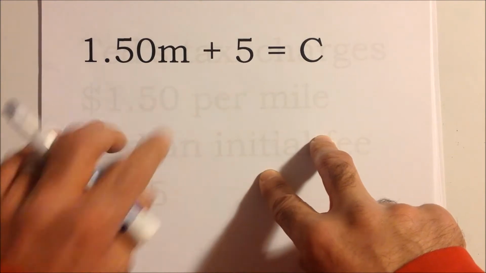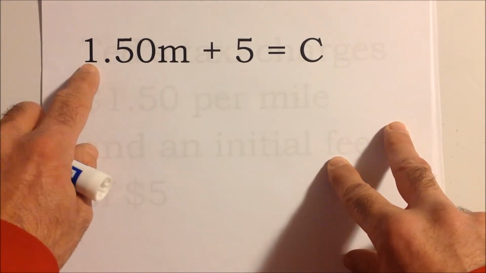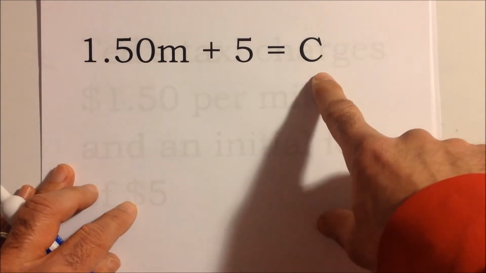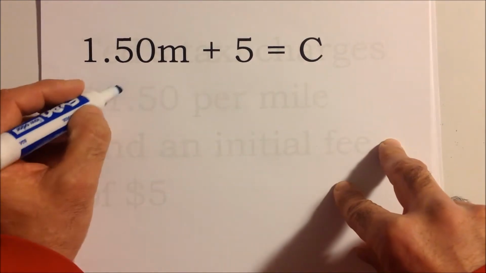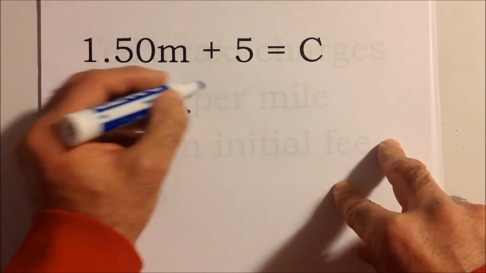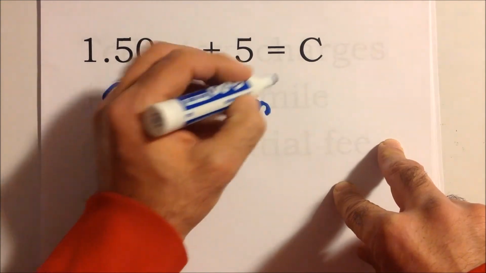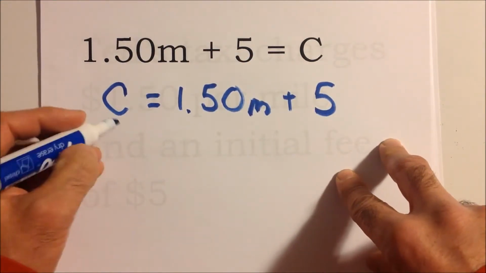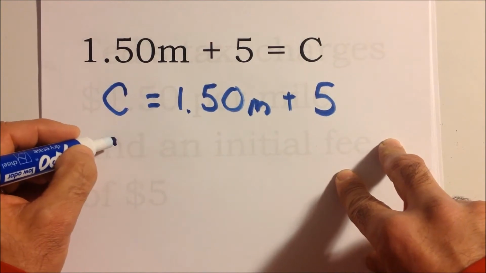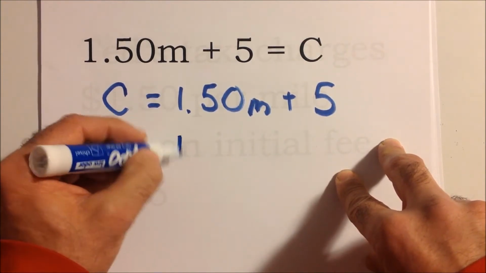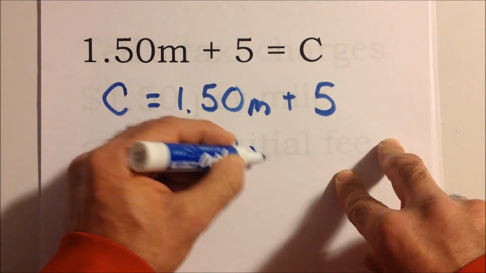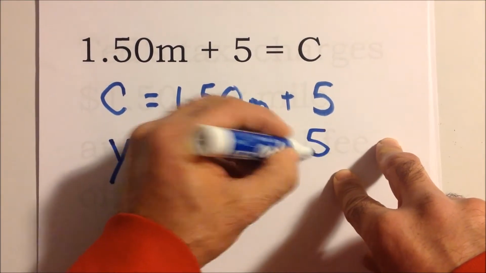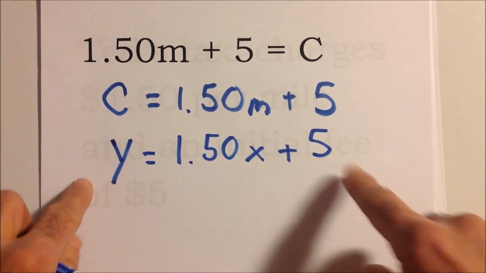And then $1.50 every mile, and you'll get the cost, C. And you could write it like this also. You can flip it around. And normally the cost, or the C, is a y, and the miles you can also put as x. And here's our two-step equation.